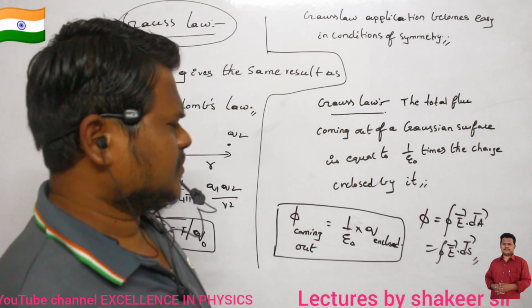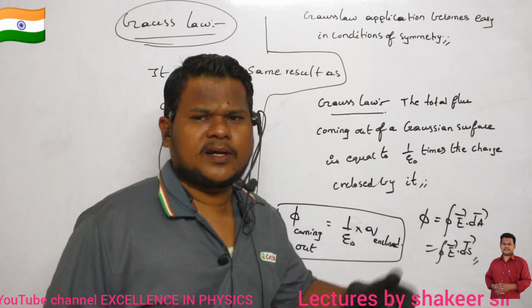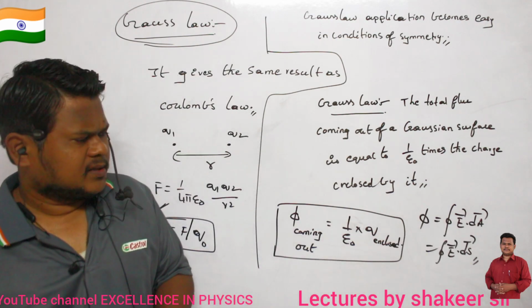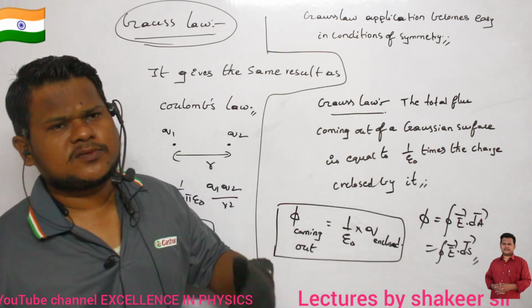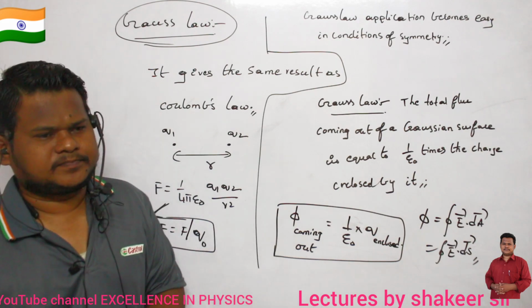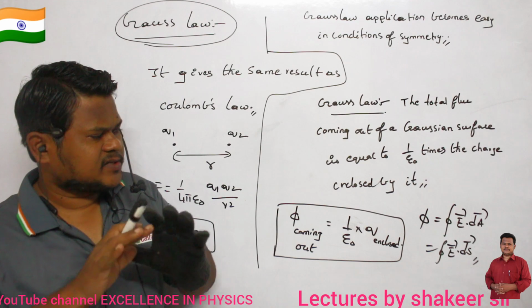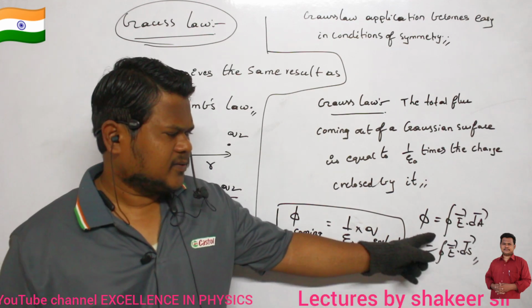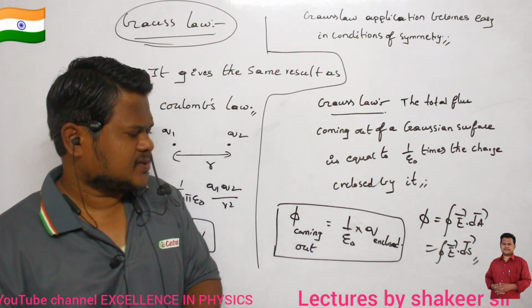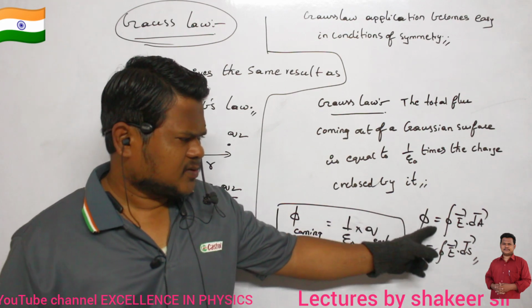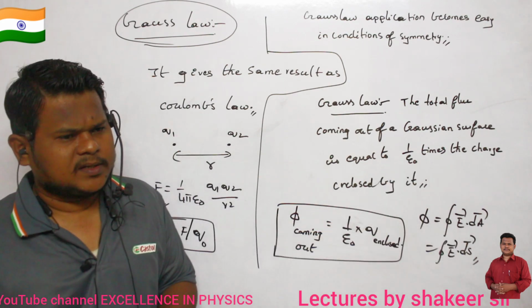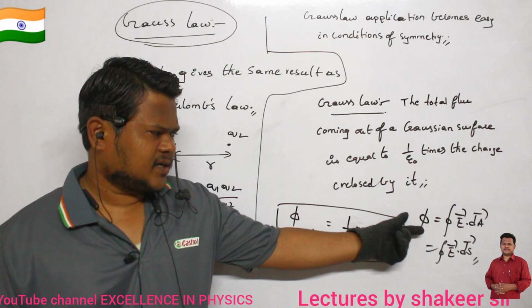If electric field and area are regular, then directly I can write flux is equal to E A cos theta. If the area is not regular, if it is a closed surface, then we have to integrate. This is what we did in the last class. So flux is equal to closed integration of E dot dA. This was the equation for electric flux.